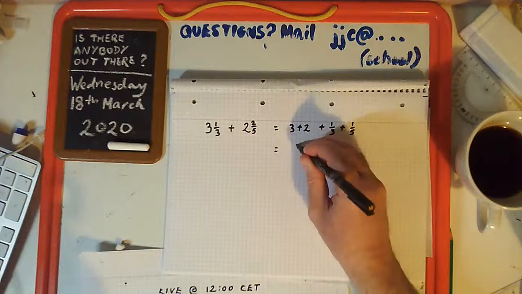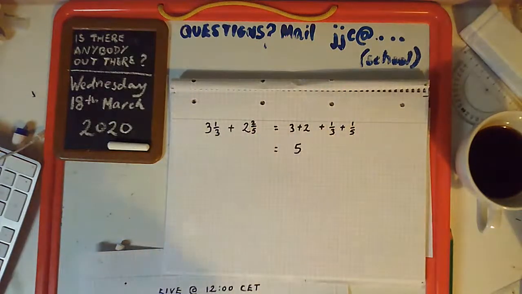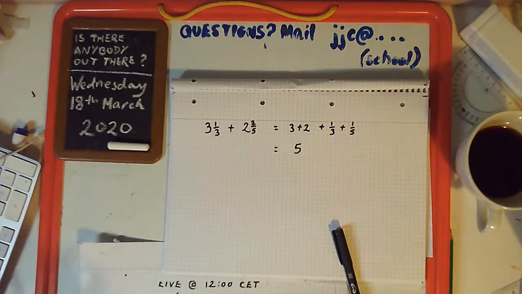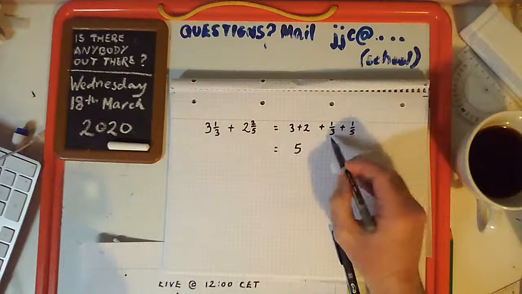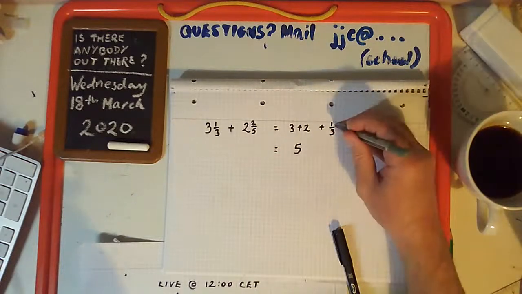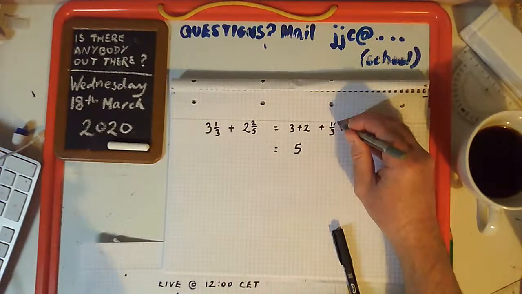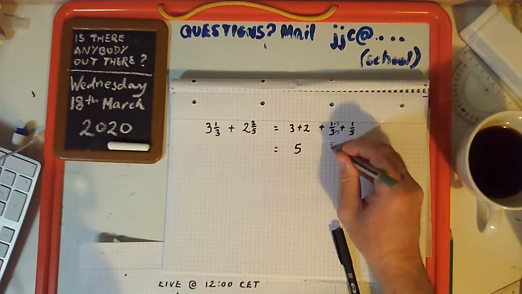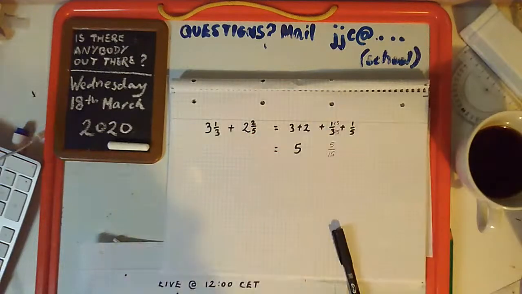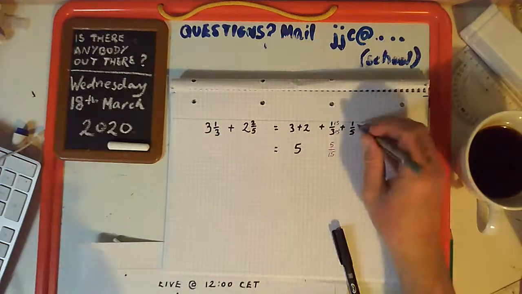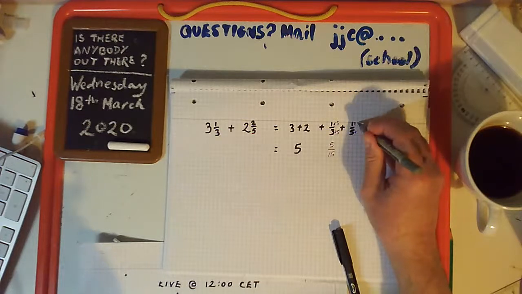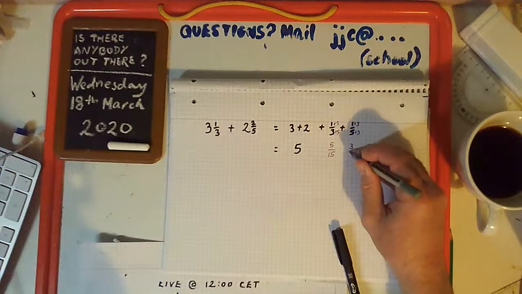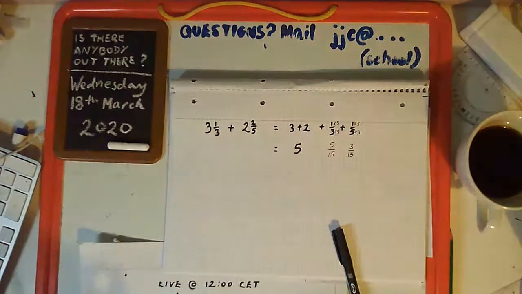So 3 plus 2 is simply 5, and 1/3 plus 1/5, I can't do anything with that yet until I've made the denominators the same. So 3 and 5 both go into 15. So I'm going to multiply 1/3 by 5/5 to make it into 5/15. And then I'm going to multiply 1/5 by 3/3 to make it into 3/15.